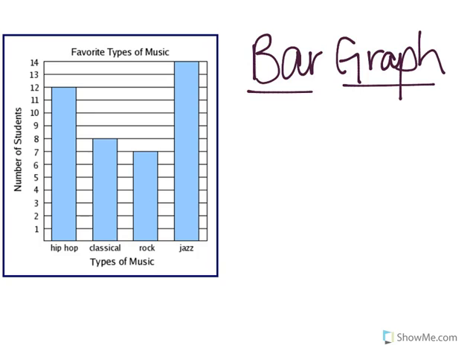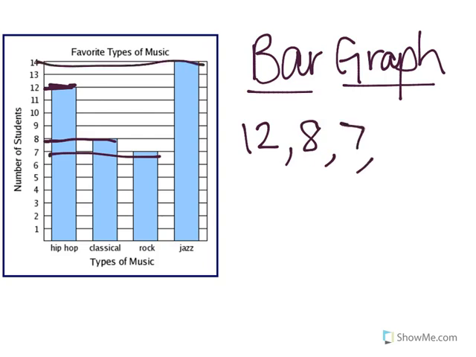So I see that we're looking at types of music, and since the height of each bar is telling me the value, I know that I have a value of 12, a value of 8, a value of 7, and a value of 14. So these are the pieces of data in my data set, and then I can follow the same method by ordering them from least to greatest.